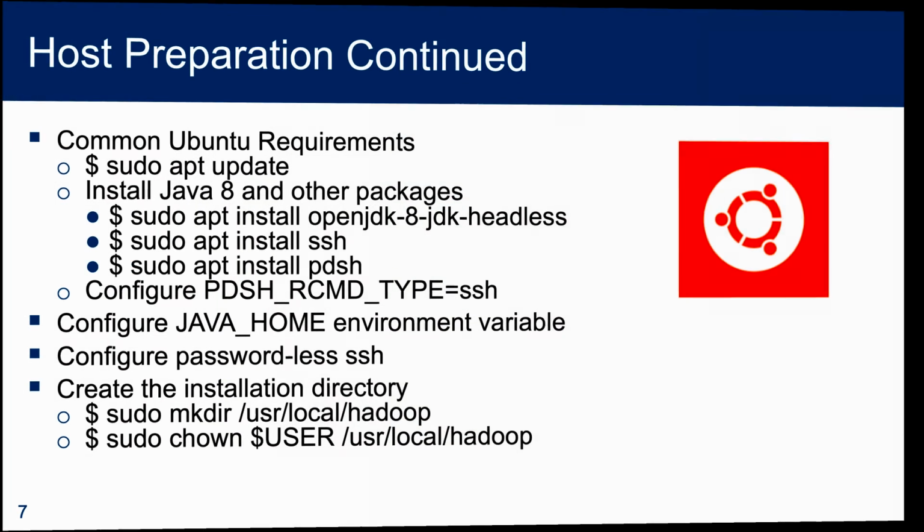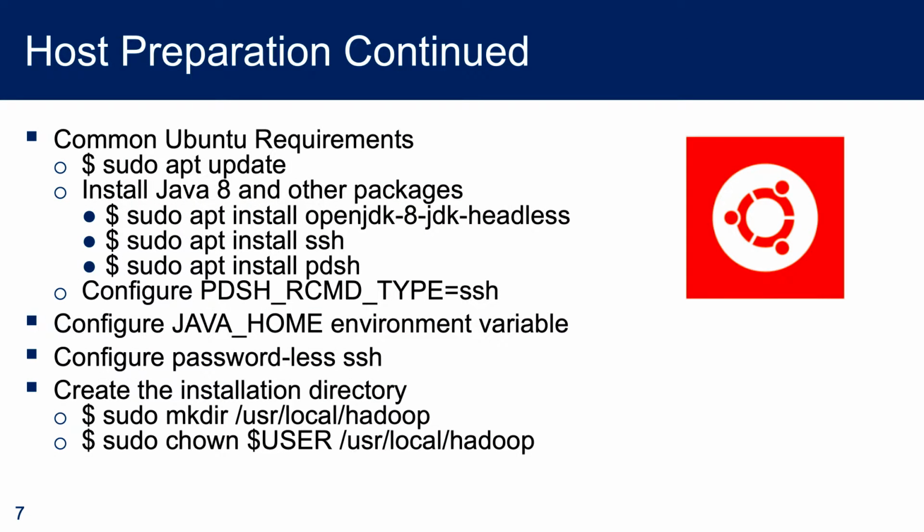Here are the common steps that apply to basically all environments. This first step of installing Java, I'm showing you the Ubuntu method. For Mac OS, I'll do that in the Mac OS prep video. You will need to configure a Java home environment.